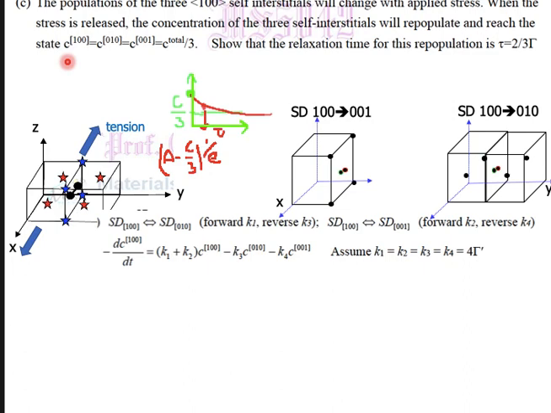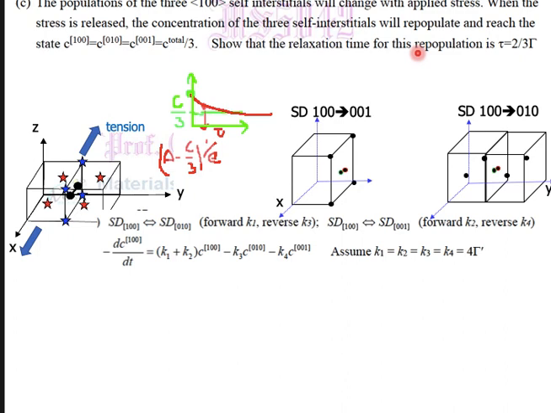So the first thing that comes to your mind will be, you need to get what? You need to get the concentration profile as a function of time. But if you start from Fick's first law, what will you get? You will get the concentration as a function of location, right? But the question is not asking you how the concentration changes with location.